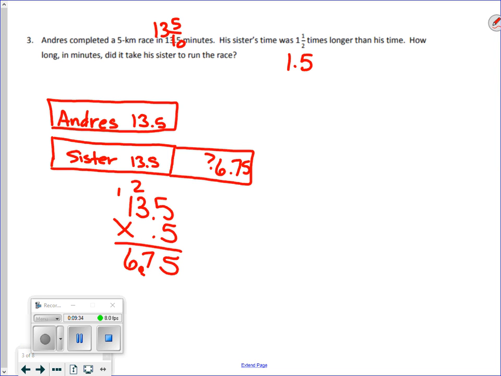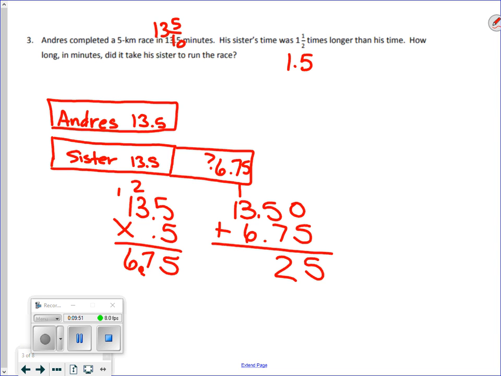There are a lot of things that you have to be able to do. So 13 and 5/10 plus 6 and 75/100 is 20 and 25/100.